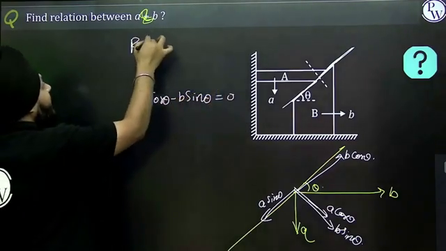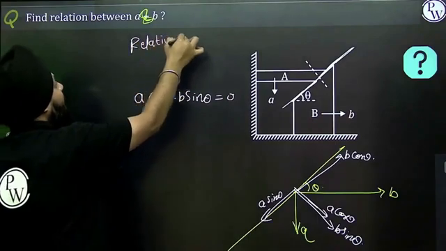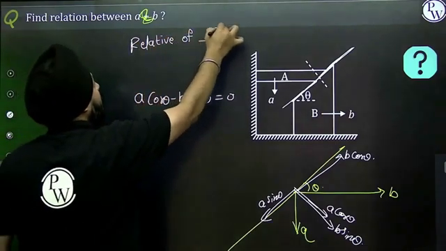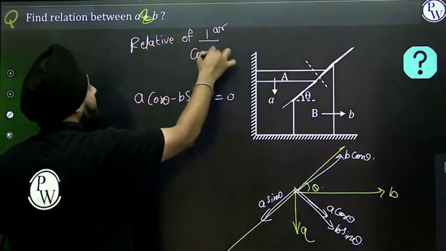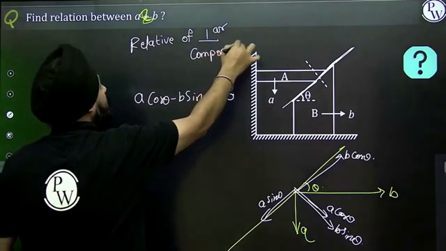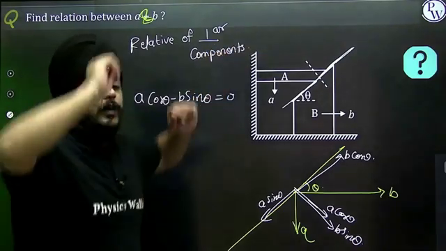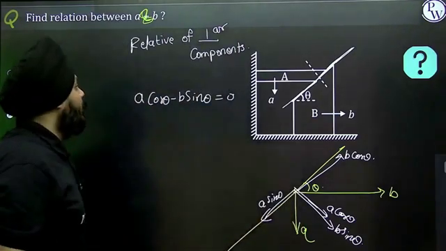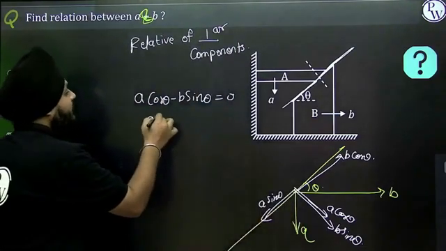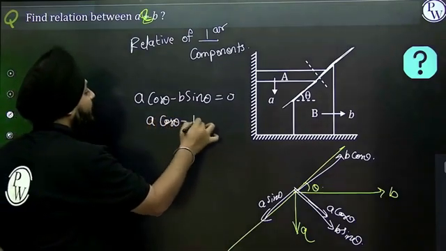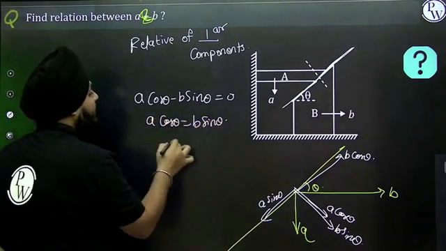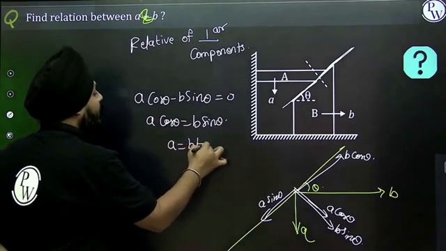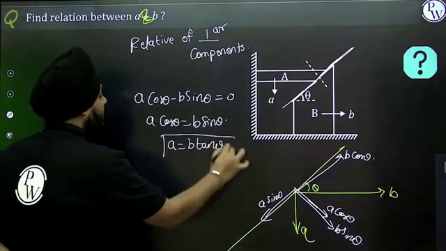So A cos theta is equal to B sin theta, so A is equal to B tan theta.